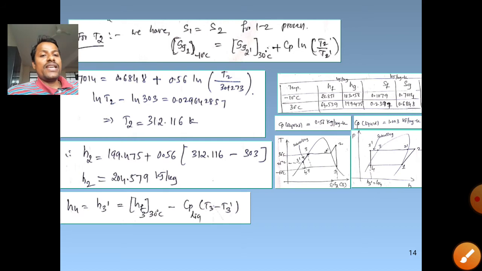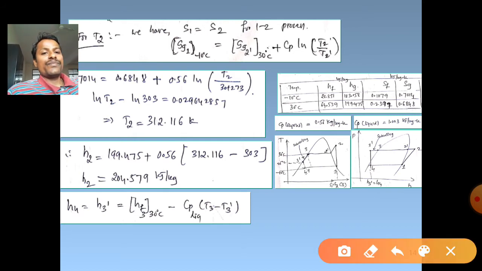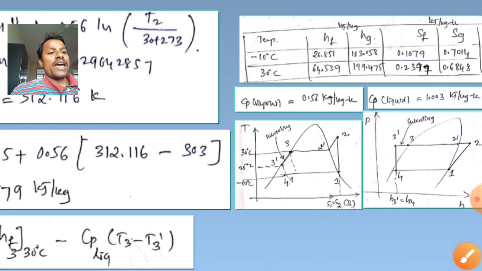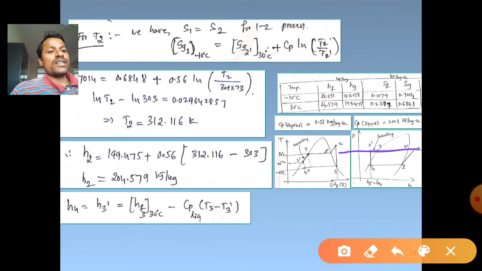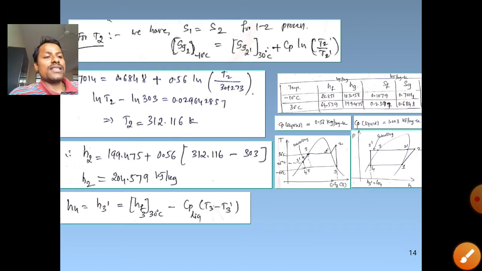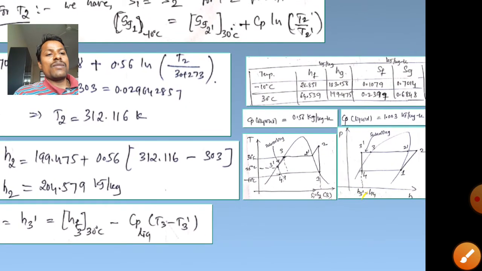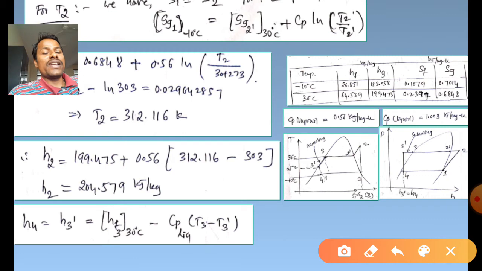Then the enthalpy at state 4 can be calculated: H4 is equal to H3 dash, and H3 dash is HF3 dash, at the same pressure, that is HF at the same temperature, 30 degree Celsius, minus the change in enthalpy during the subcooling process. This formula we know already.